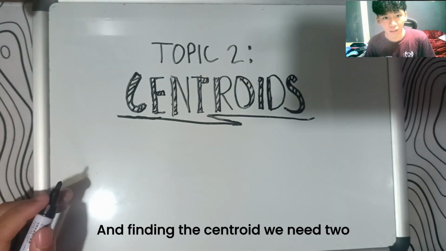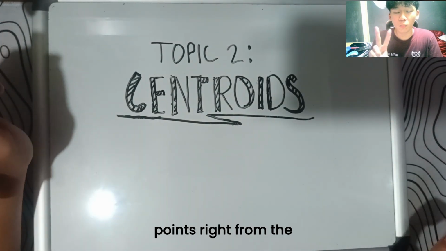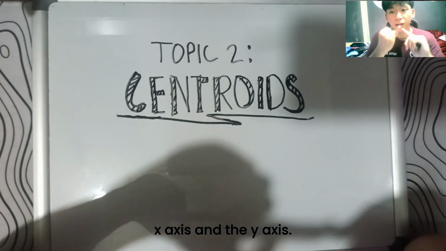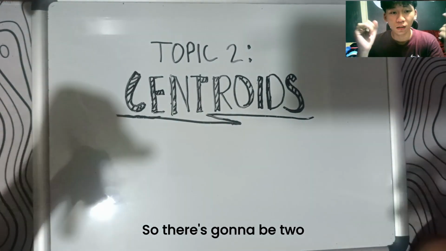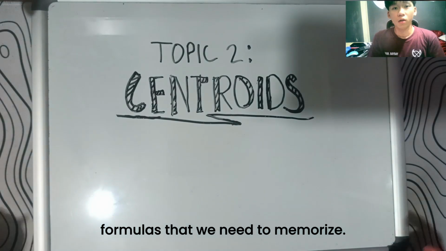In finding the centroid, we need 2 points, right, from the x-axis and the y-axis. So there are two formulas that we need to memorize.